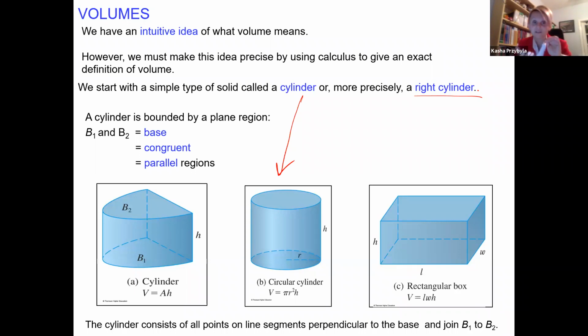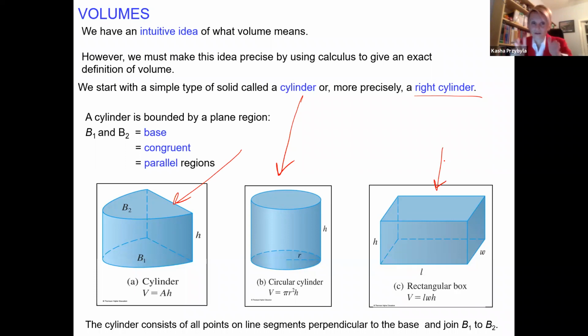I can have any shape in the bottom and the top base, but both bases have to be identical, which we call congruent, and they have to be parallel. This one is a rectangle, this one is a square, but the bottom and the top are the same.